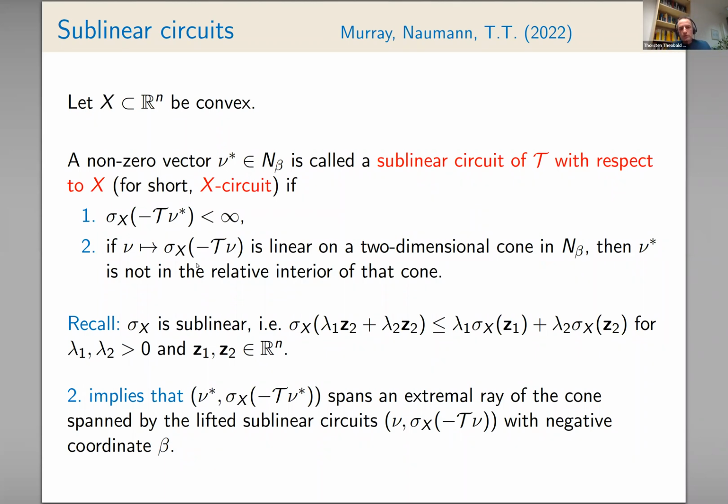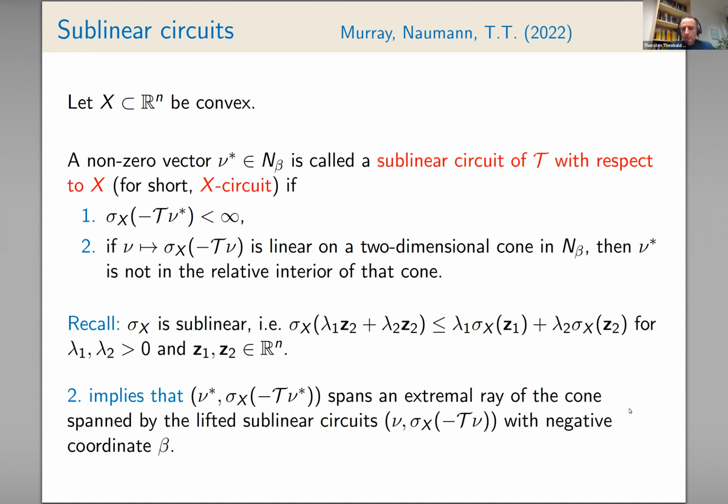And the main irreducibility condition is the following: if the mapping from ν to the support function of minus ν is linear on a two-dimensional cone in the set N_β, then ν* must not be in the relative interior of that cone. So this is something like an irreducibility condition. Recall also that this support function is sublinear, and in some sense we are interested in studying the situations where the support function is not linear.